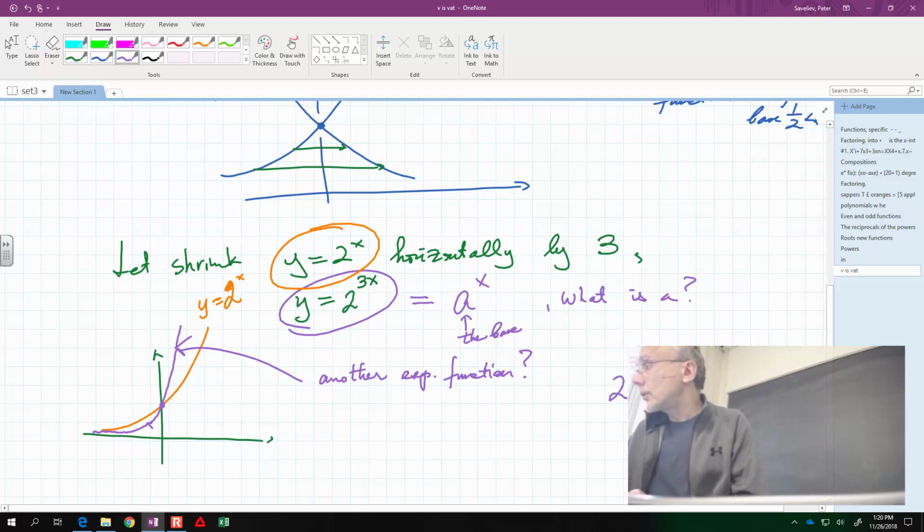Two? No. We need to solve this. So find a from this: 2 to the 3x is equal to a to the x, and then we need to find a.